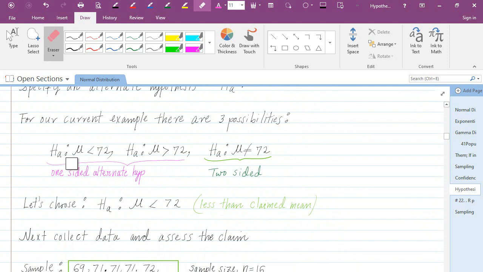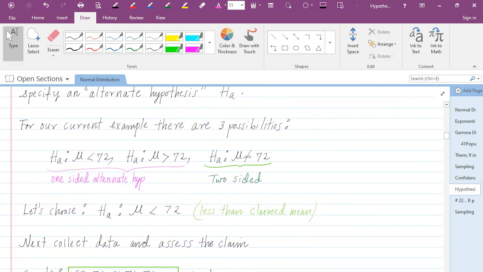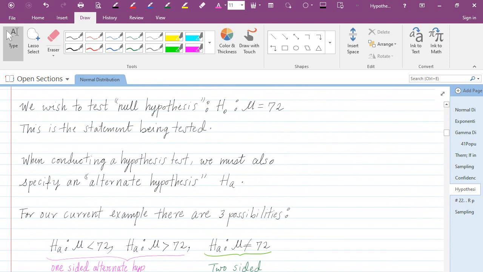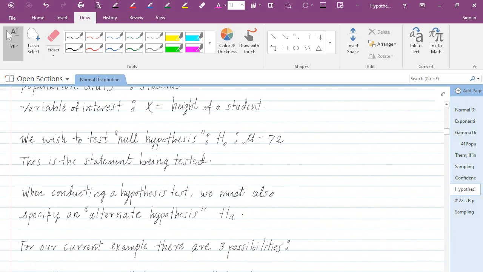It is in fact less than 72 inches, or 6 feet. So we're going to pick the alternative hypothesis to be that the mean height is less than 72 inches. I'm pretty sure you can give enough reasons to choose the other two alternative hypotheses in other situations. So now we have determined our null hypothesis and our alternative hypothesis.